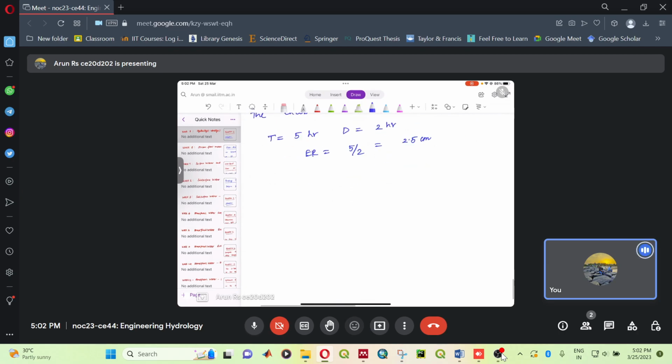So to get the unit hydrograph, what we will do is unit hydrograph of 5-hour duration as a function of time is equal to S of t minus S of t minus 5 whole divided by the excess rainfall.